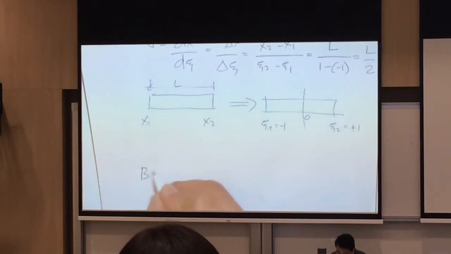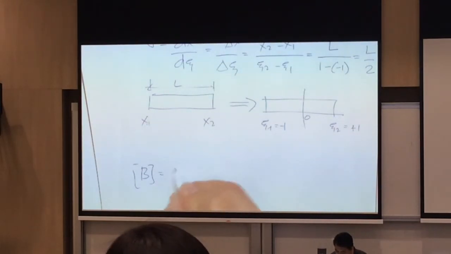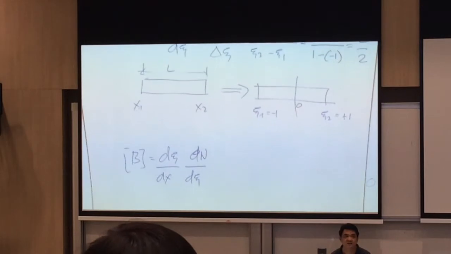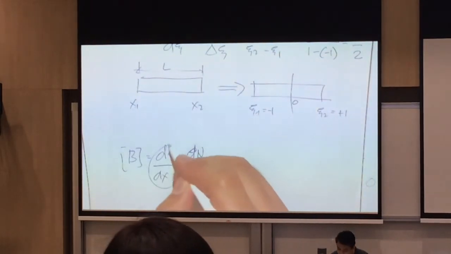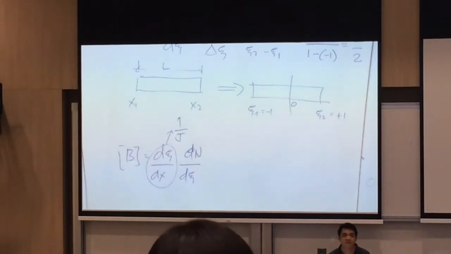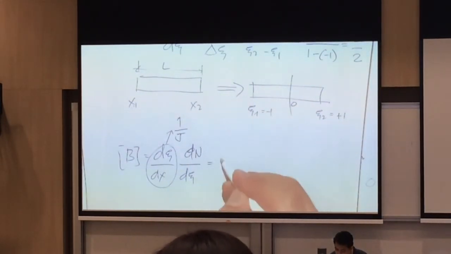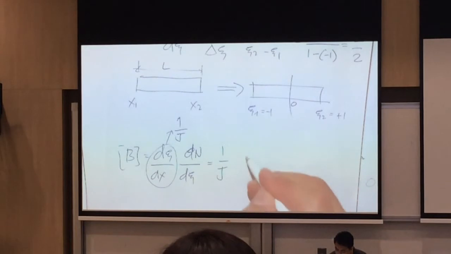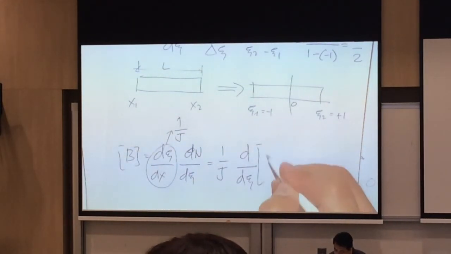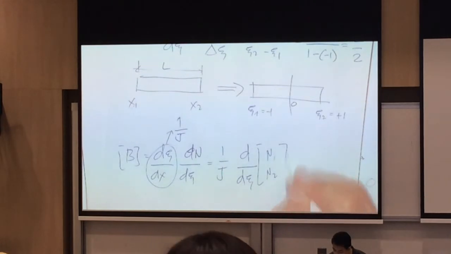So if I have now this one here, I have my d to c dx, dn d to c. So this one is simply your 1 over the Jacobian. And then this one is 1 over j. So what do we have here? So you have your n1 and 2.